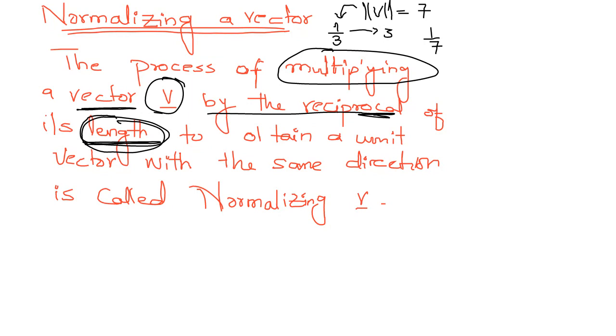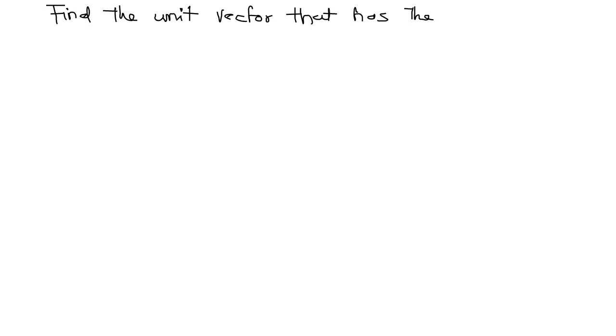Okay, I will give you one example so it will be very clear. Find the unit vector that has the same direction as the vector v, which is equal to 2i plus 2j minus k.